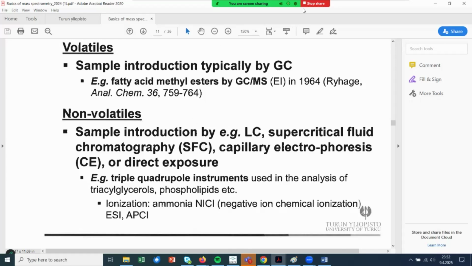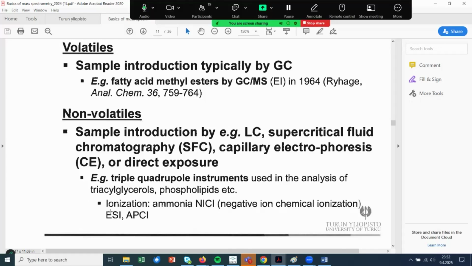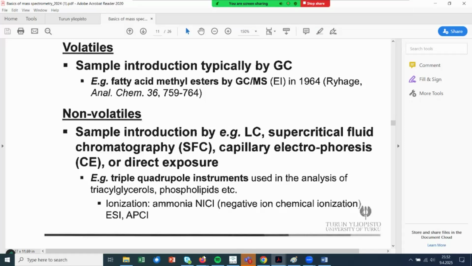And yes, for the non-volatile components, the sample introduction is oftentimes made with LC, and these atmospheric pressure ionization techniques are often used.